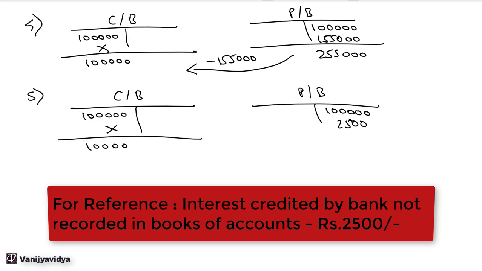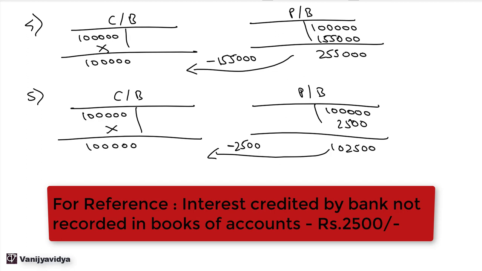So the balance as per cash book is 1 lakh. Balance as per passbook is 1 lakh 2,500. Now we are moving from passbook to cash book, so we have to reduce 2,500 in our bank reconciliation statement. In other words, when the interest is credited in the passbook, the balance of the passbook has increased. Now the same is not recorded in the cash book.